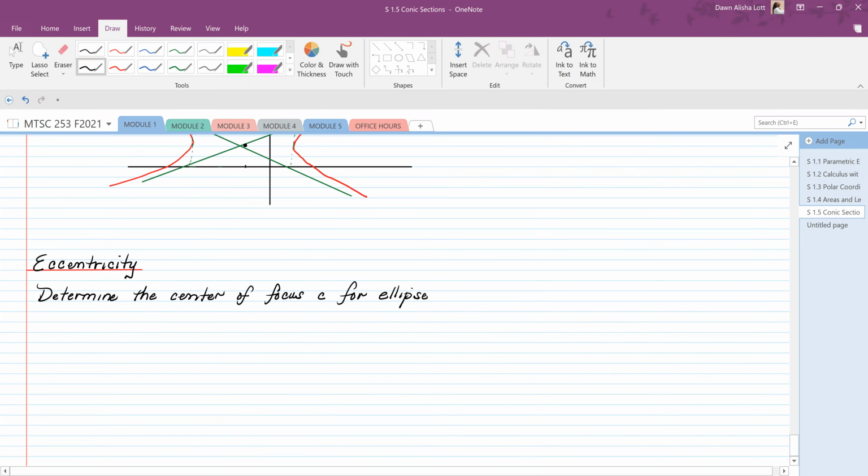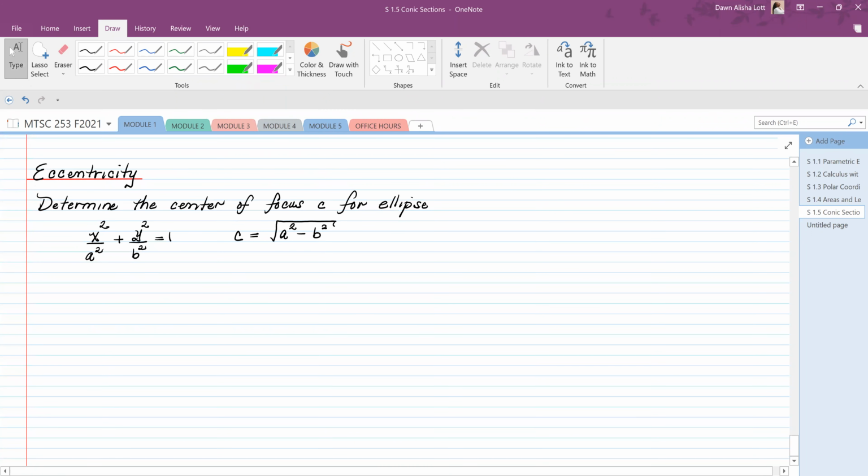For an ellipse, remember we had x squared over a squared plus y squared over b squared is equal to 1, and c is the square root of a squared minus b squared. And of course, remember for a hyperbola, it's a squared plus b squared.